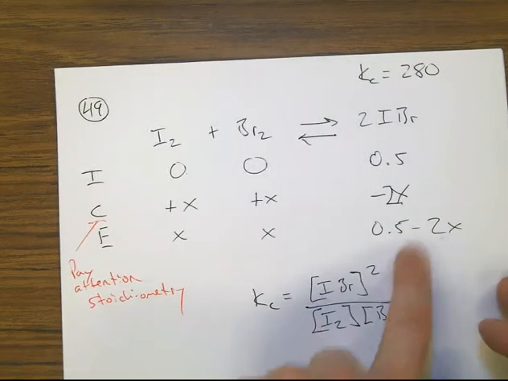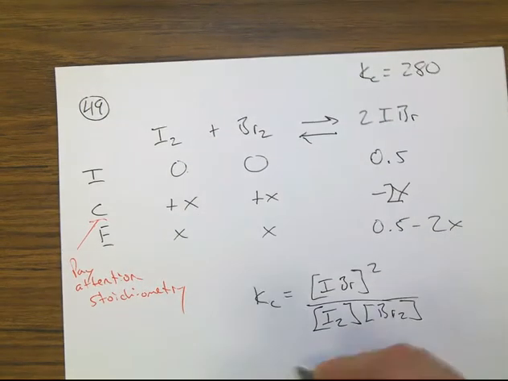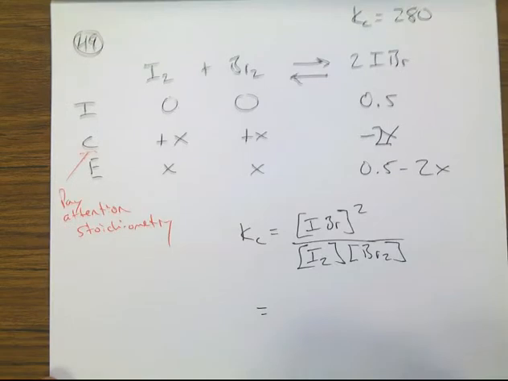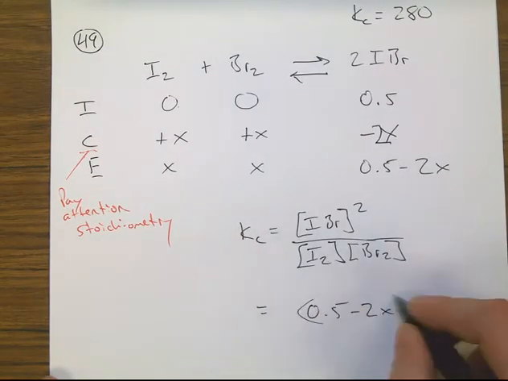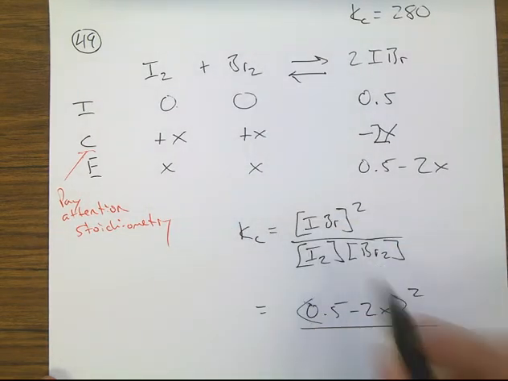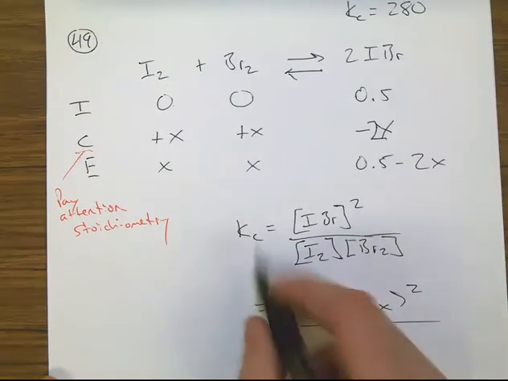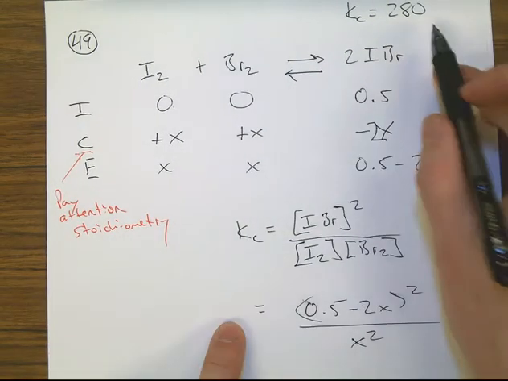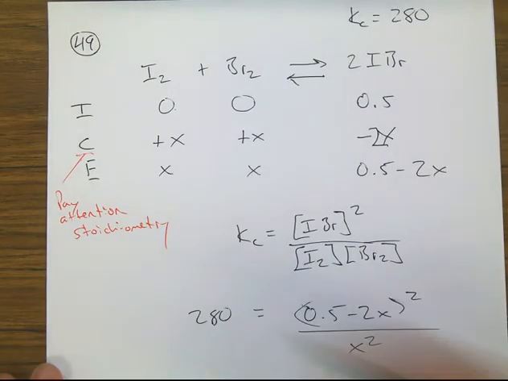I'm going to plug in the 0.5 minus 2x for IBr. So it's going to be 0.5 minus 2x, squared, over x times x, because those two are being plugged in there, and I get x squared. And that's equal to the equilibrium constant, which is a given value that I know from the beginning of the question, which is 280.